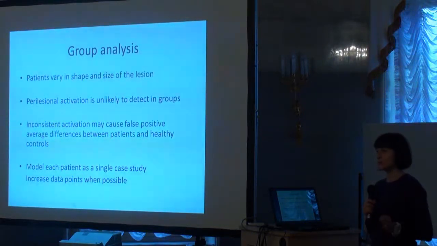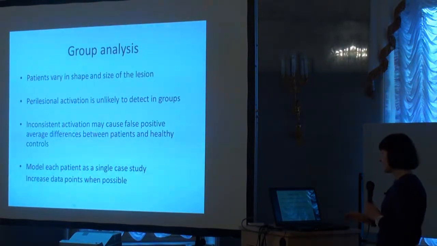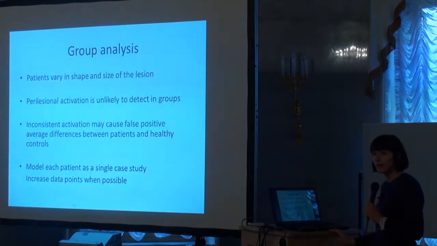And you immediately infer that this is a compromised region, which it is not, you just didn't detect the signal. The advice is to model each patient as a single case study and increase data points as much as you can, again taking into account that you cannot keep a patient in the scanner for too long.